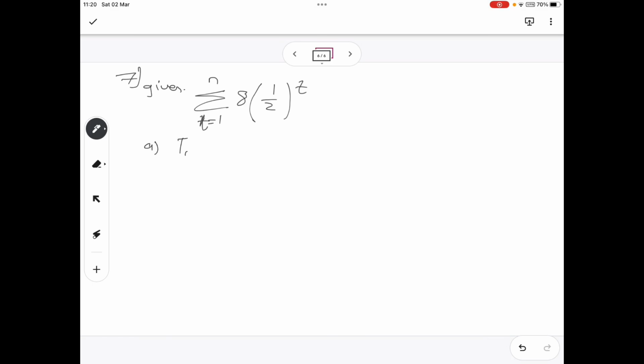Okay, so this is what we're given. And we must first find the first three terms of the series. So we're going to work out the first term.